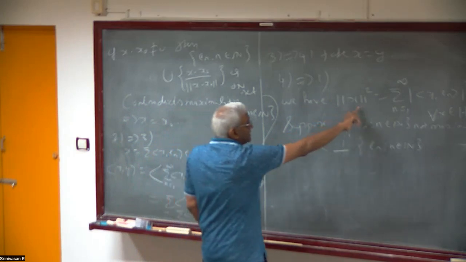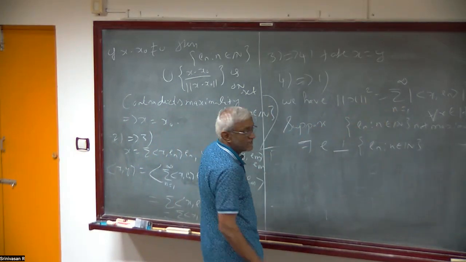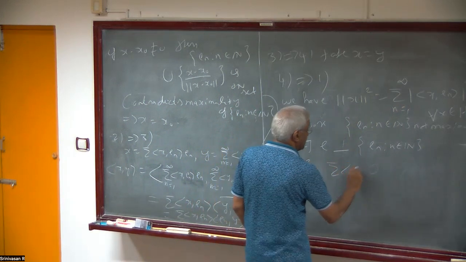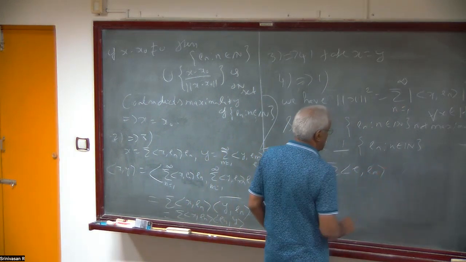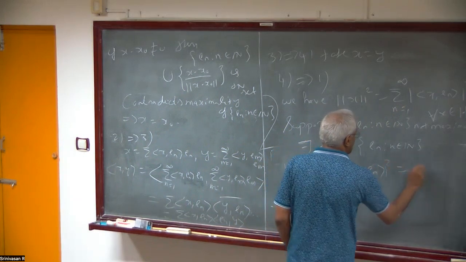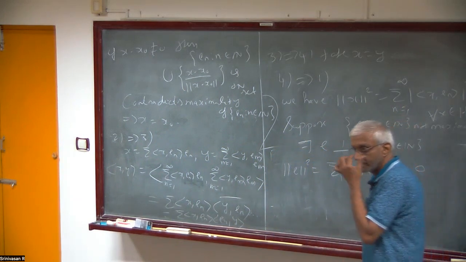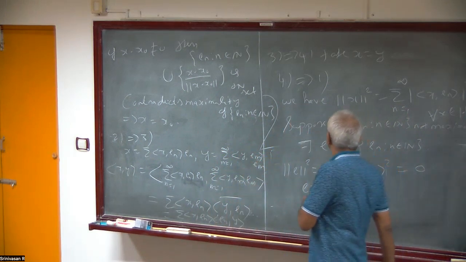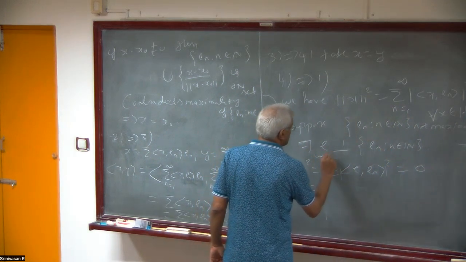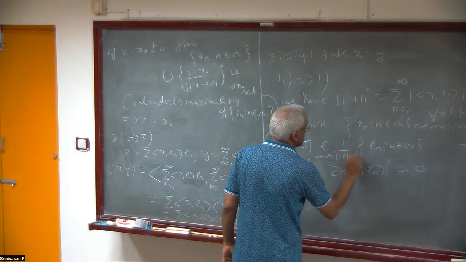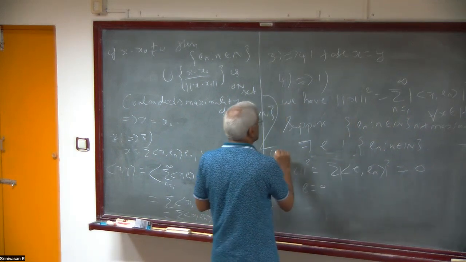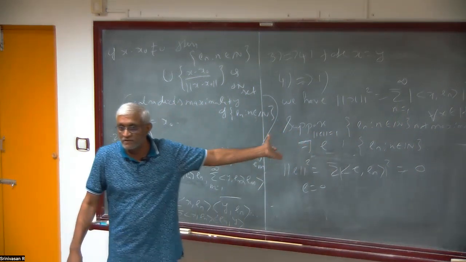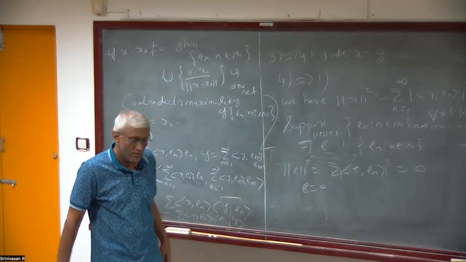But then we know that it satisfies this. E also satisfies this. Norm E squared equal to the summation of mod E, En squared, which is equal to 0. So E is 0, but E should have norm 1. I mean, it's an orthonormal set, so its norm should not be 0.